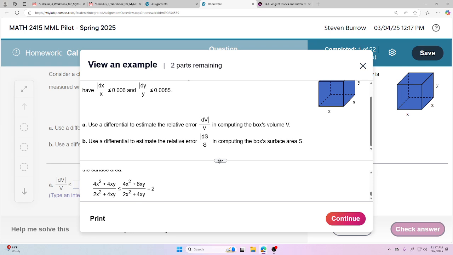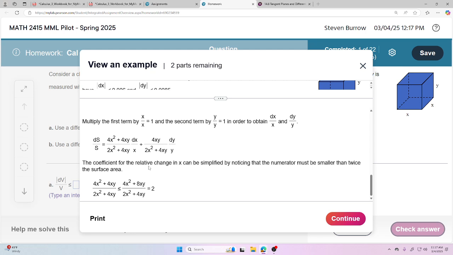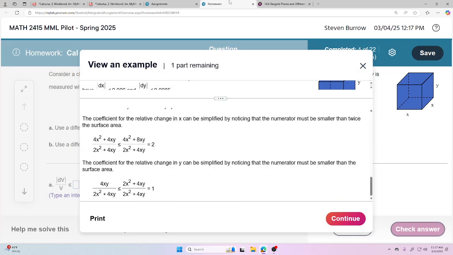I'm like, wait, what? Coefficient relative to this can be simplified by noticing the numerator must be smaller than 20. Okay. No. Oh, that's so frustrating. Yeah, I suppose they're using inequalities to simplify it down.